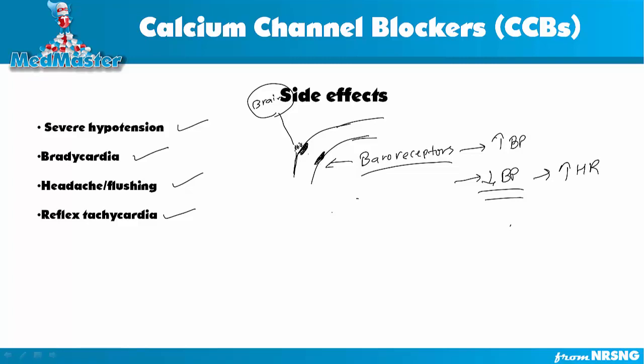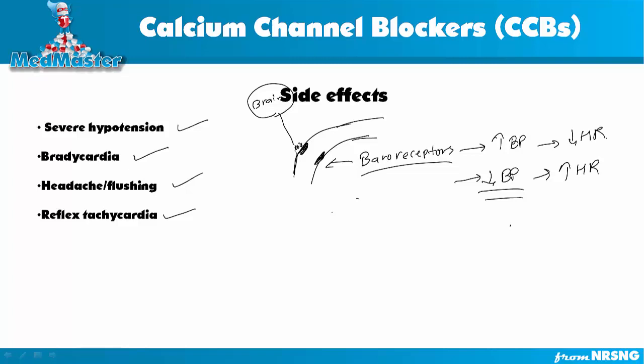The brain will increase the heart rate. If the blood pressure is high, the baroreceptors are going to say, hey, we have too much blood pressure, we have too much blood, we don't really need that much. So it sends the signal to the brain, and the brain says, okay, we'll decrease the heart rate so you won't get that much blood that you don't need. So it's going to decrease the heart rate.